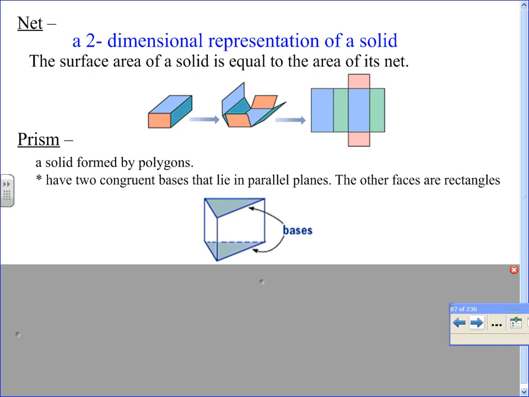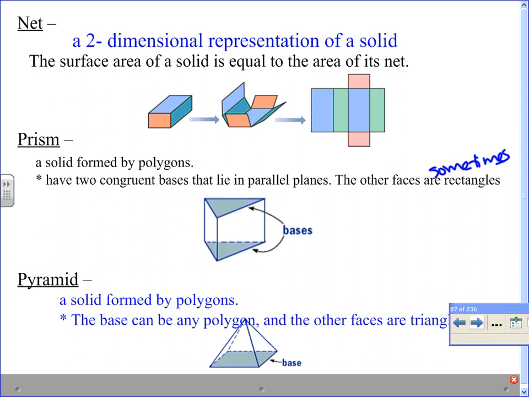Annalise. Correct. Yeah, the book should put, this is from the book, they should put on there that the other faces are sometimes rectangles. Yeah, because it's not going to be every single time. Again, your book sometimes, I don't know, they like to stretch things.